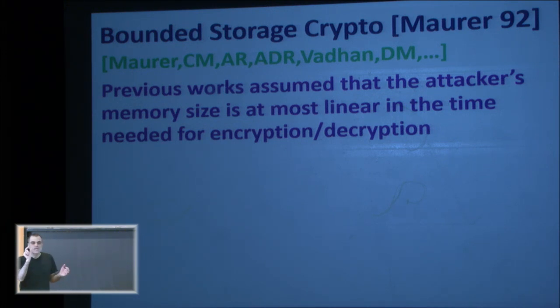Then there is a short secret key that the two parties use to point to a place from which they start to take random bits to use, or they can use it as a seed for an extractor. But the main point was that you have to wait until the memory of the attacker is clogged by random bits, and only then you can start decrypting securely.